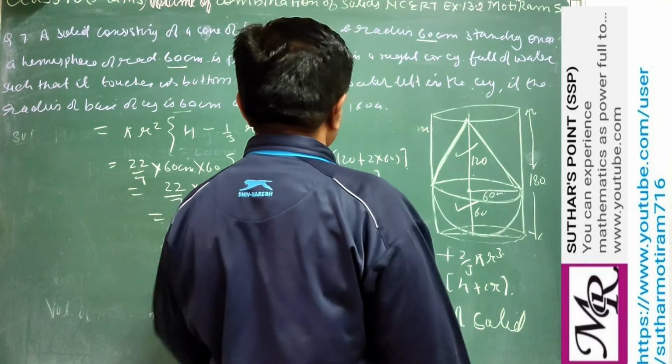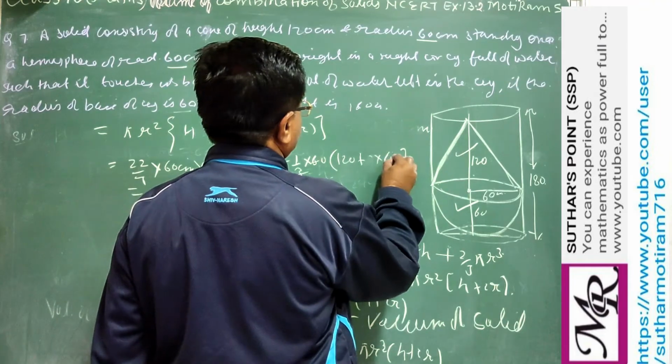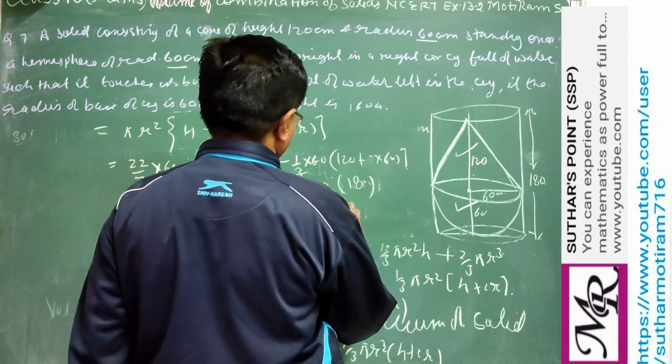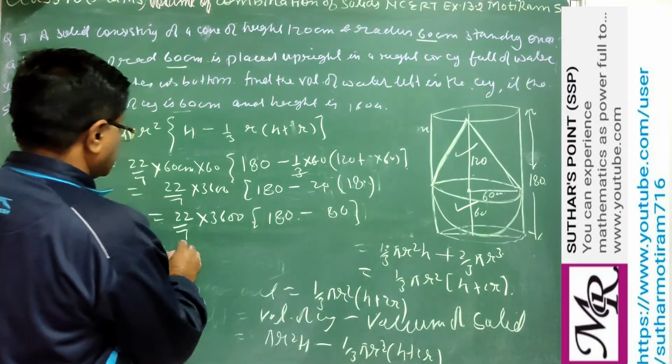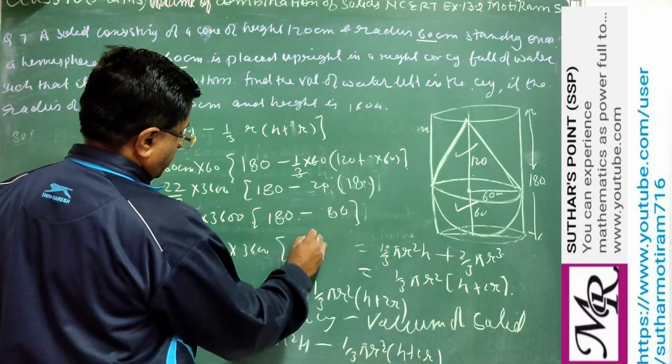Only r square is taken common, 60 into 60, and 180 minus 100 is 80, which gives you 22 by 7 into 3600 into 80.